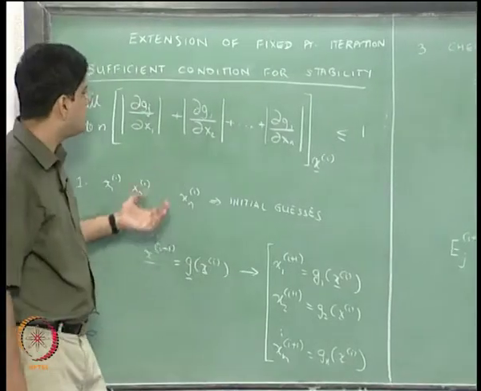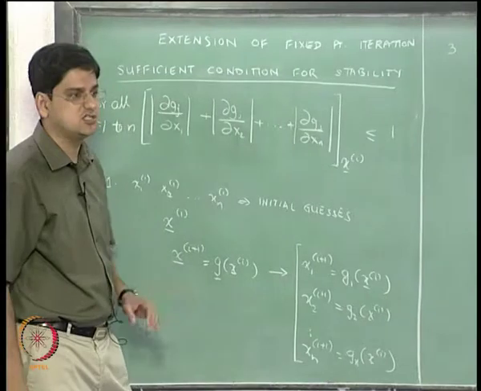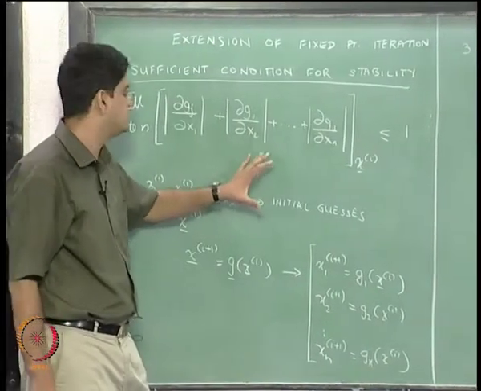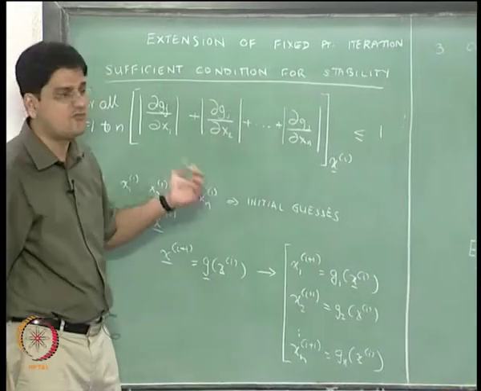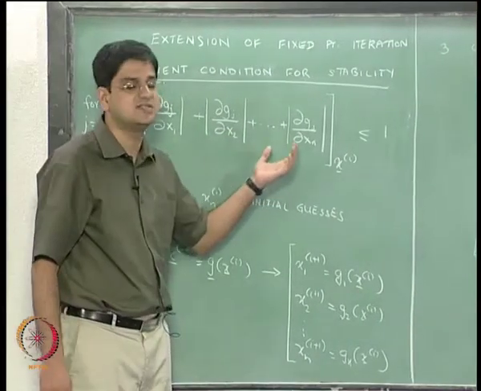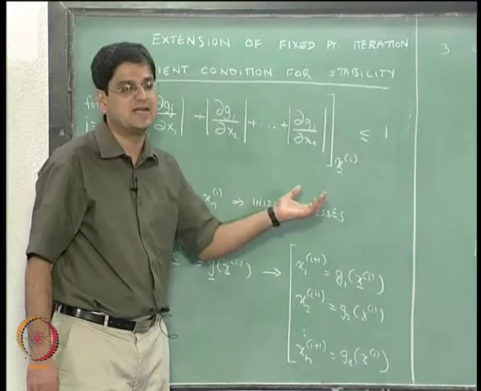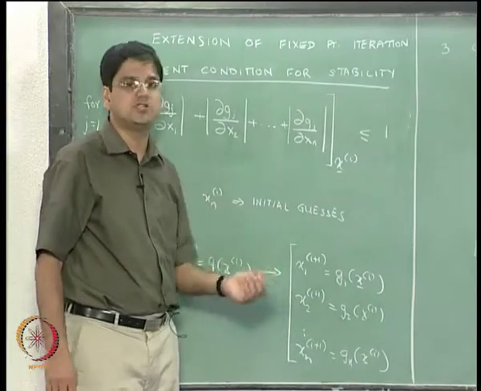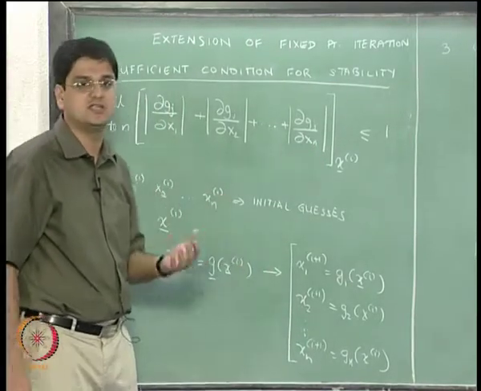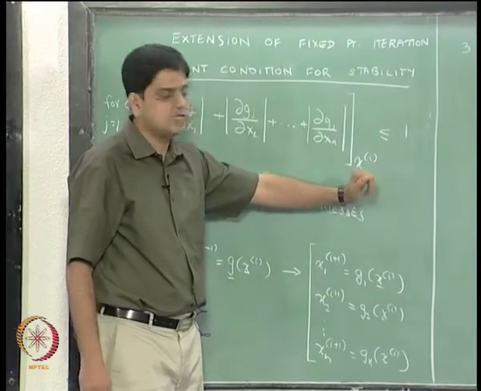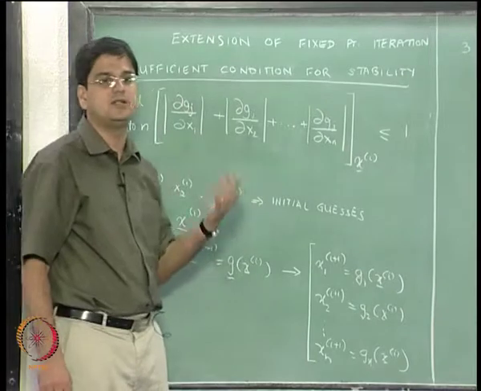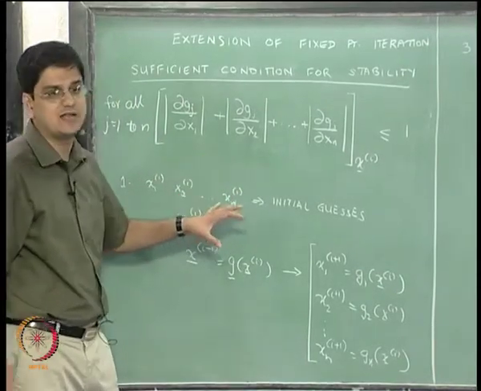Now, one comment about this sufficient condition for stability of fixed point iteration is that it is a fairly stringent condition for a general set of functions g_i to meet, and it is not always possible in a general nonlinear set of equations for this condition to be met. That limits the applicability of the fixed point iteration.